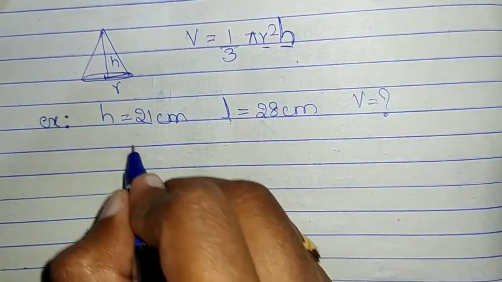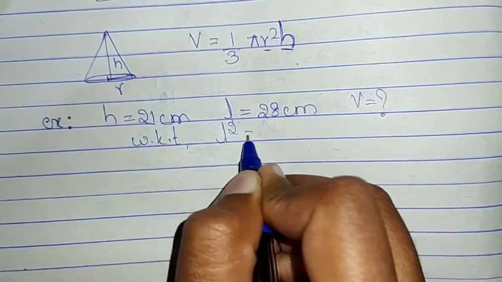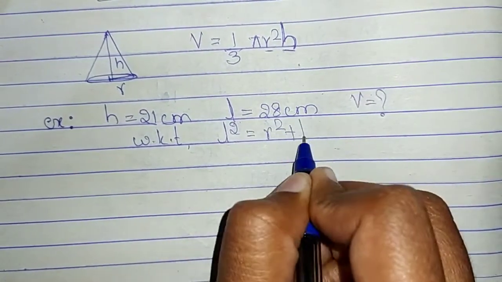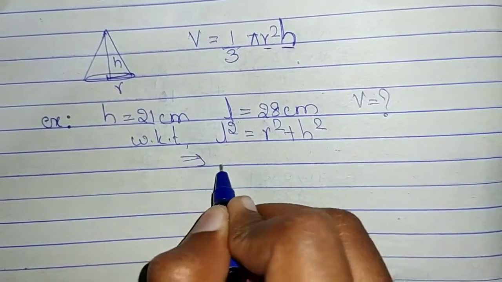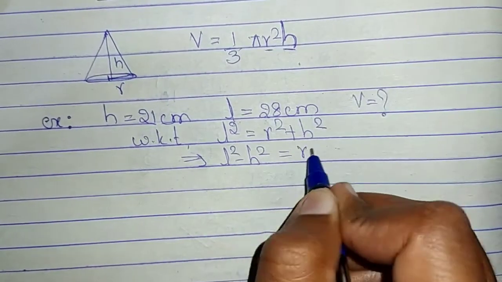So to do that, we know that L square is equal to R square plus H square. So this implies L square minus H square, transposing this, is equal to R square.